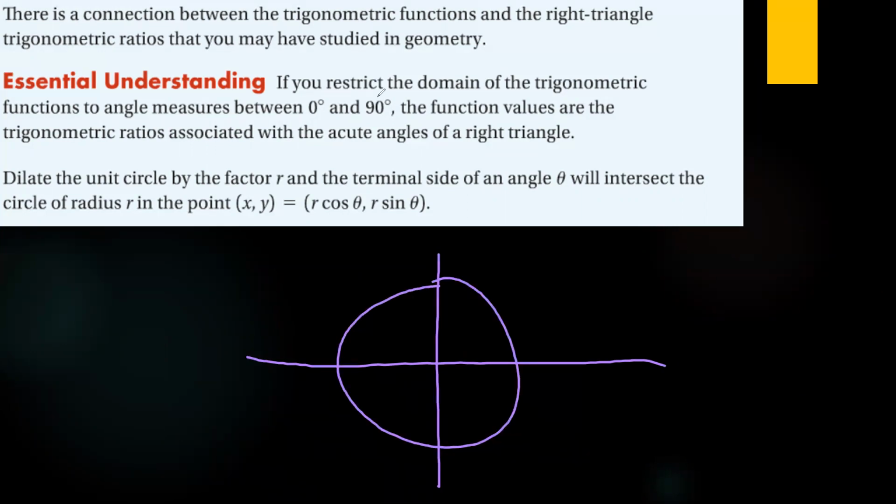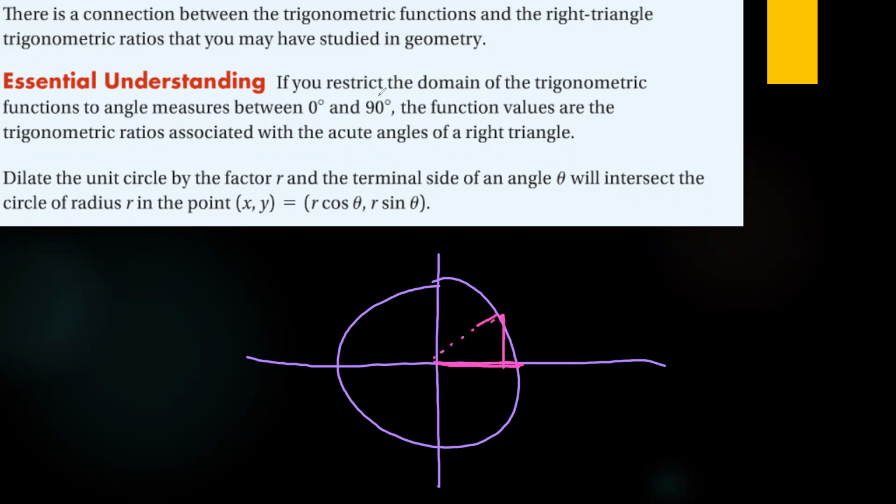So if this is my right triangle, or in your book it is written like this, this is a point here as an example.